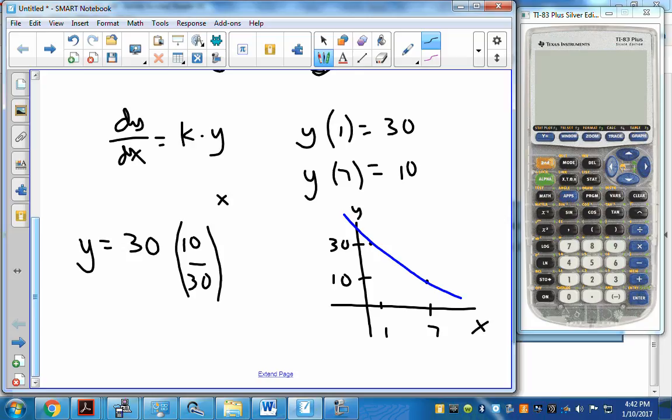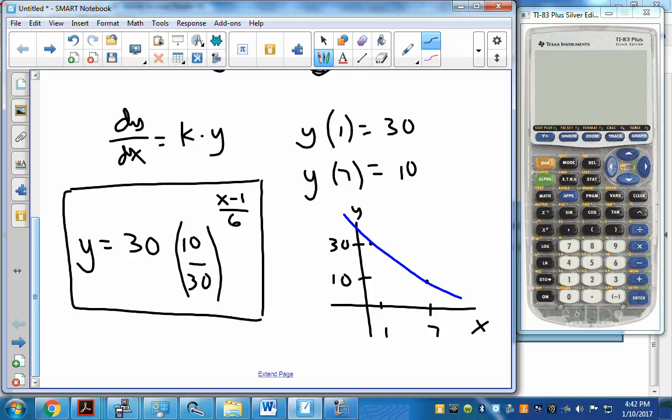Now this is going to be minus 1 divided by 6, and let's see if that fits. Okay, so this is my equation, and as I go through this, you can figure out where the 1 and the 6 comes from.